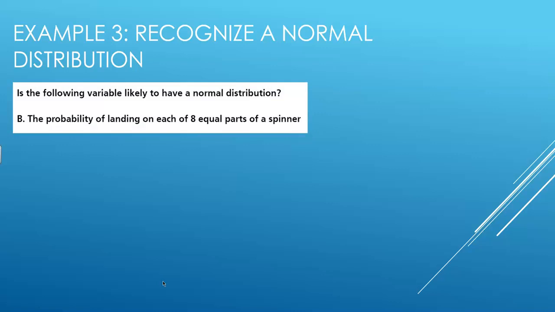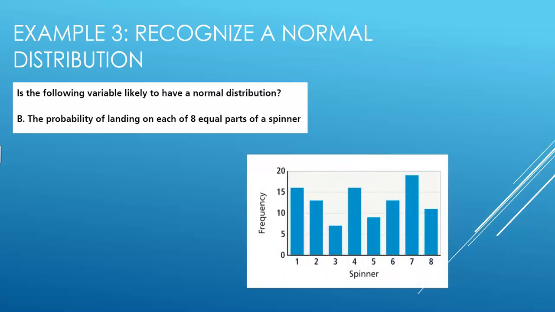Here's another situation. The probability of landing on each of 8 equal parts of a spinner. So I'm going to actually spin a spinner a number of times and write down how many times it lands on each number. And here's what I got. So I did spin it a lot of times, right?